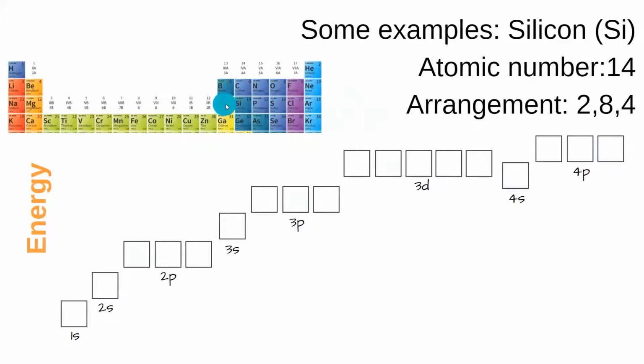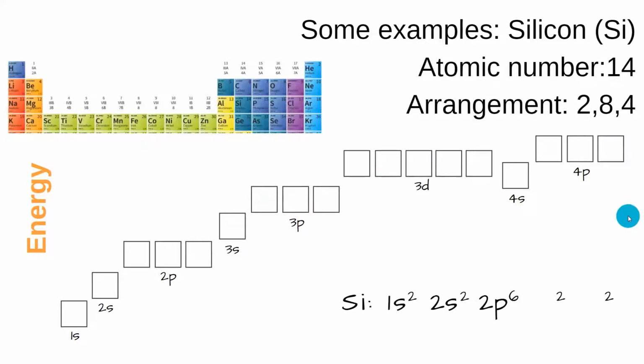And so we have 2 electrons left. The first one goes into the first 3p orbital, and then the second electron also goes into the 3p sublevel, but into its own orbital. So what we have then is 2 electrons in the 3p orbitals, or 3p2.